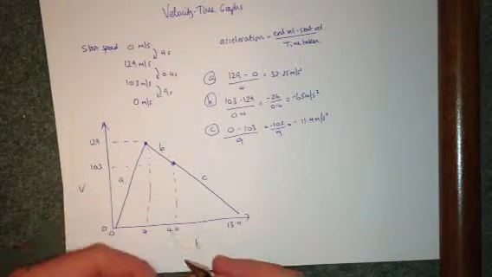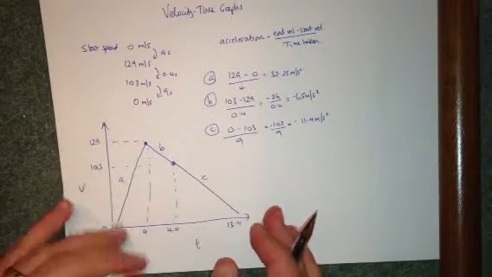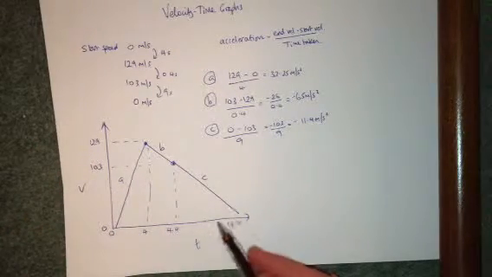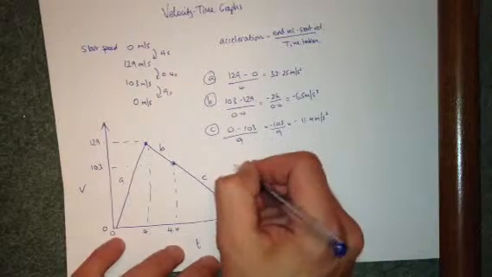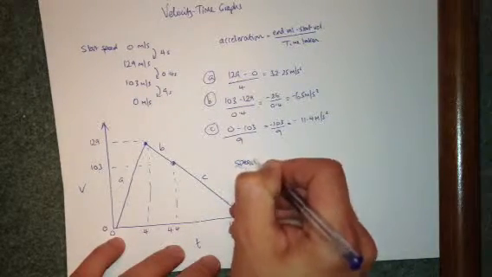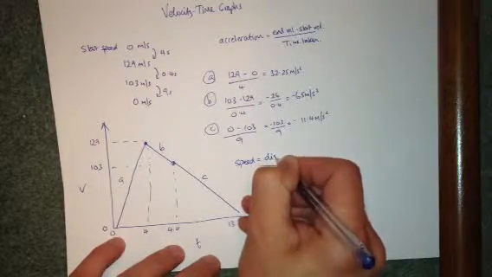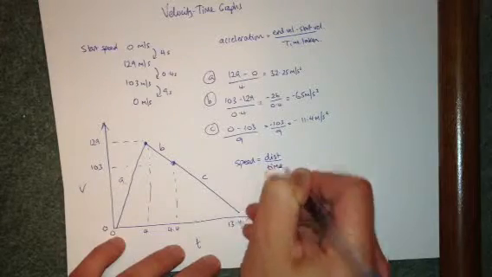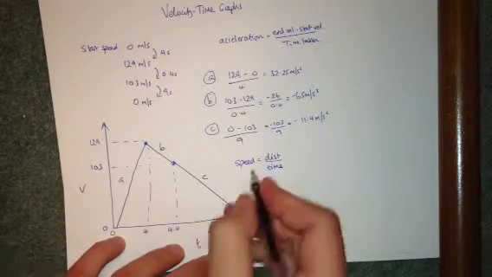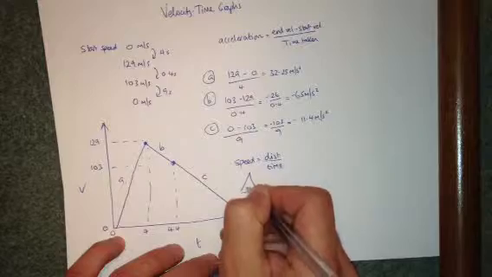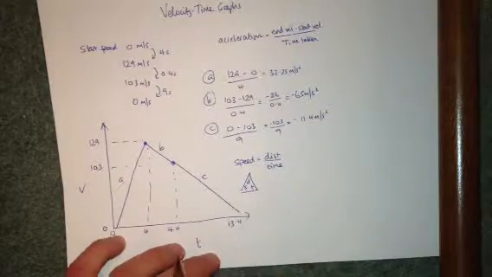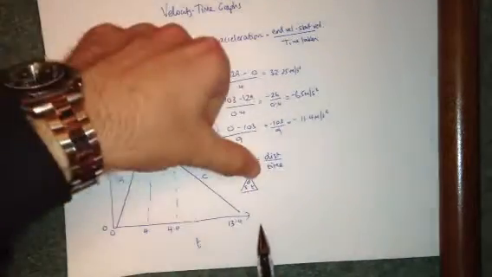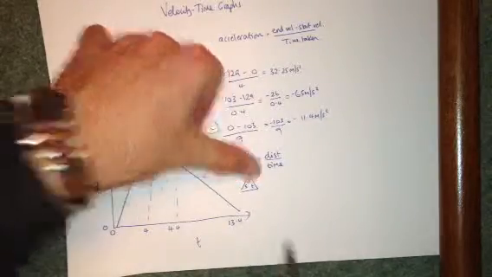Second part of the task in the lesson was to use the graph to find the total distance travelled. Now, if you remember back to one of the first lessons, speed equals distance divided by time. If you rearrange that so that you're trying to find the distance, that's just the same as speed times time.